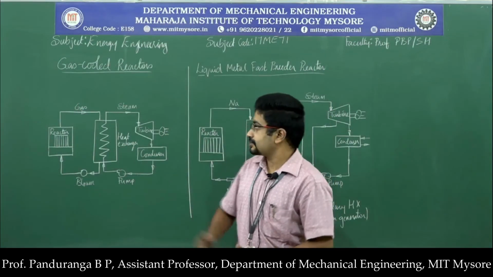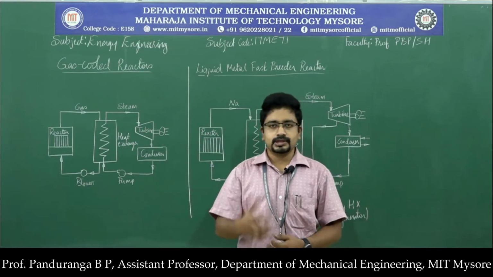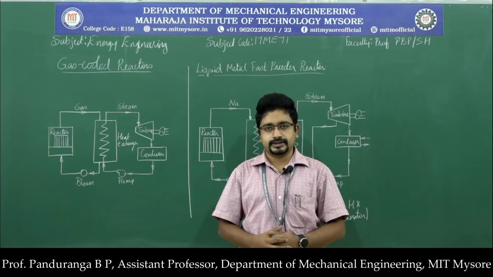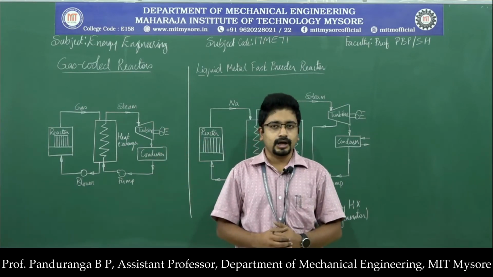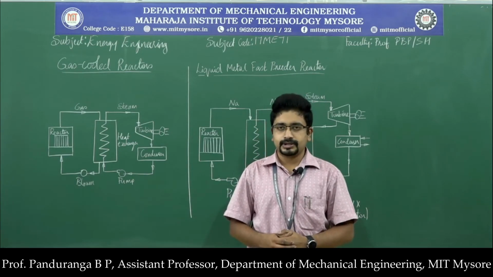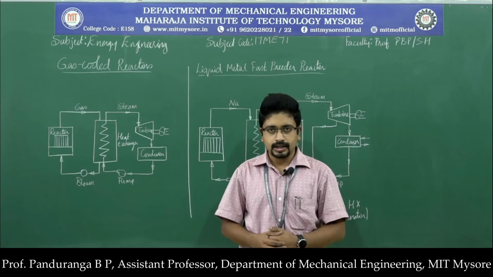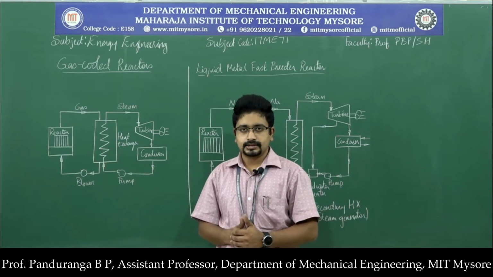Next we are going to see the gas cooled reactor. So instead of using water or heavy water as coolant, we can use a gas. Generally we use carbon dioxide, and the carbon dioxide will be pressurized to around 16 bar, and that will be used as coolant in the system.